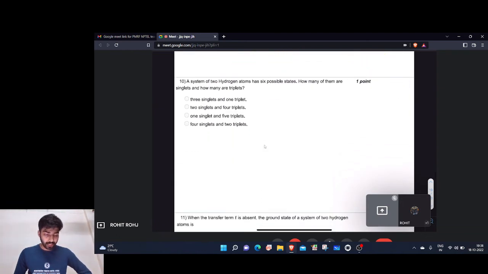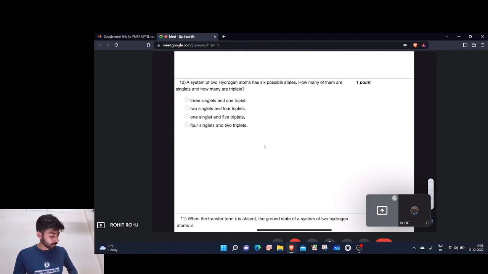Now question number 10 says that a system of 2 hydrogen atoms has 6 possible states. How many of them are singlets and how many are triplets? Let's first write the 6 states of the system. Let me start with the hydrogen molecule, two hydrogen atoms connected by a bond.